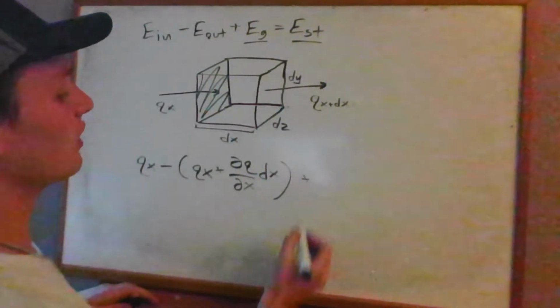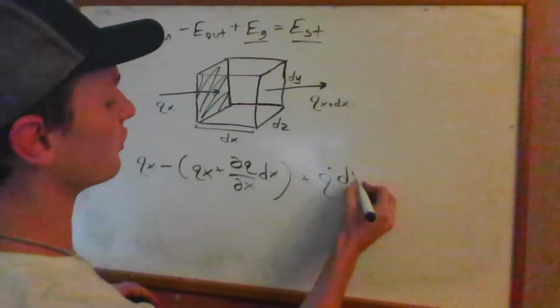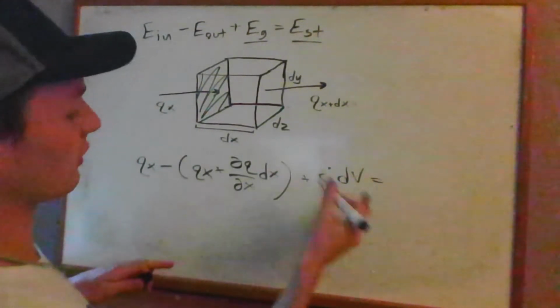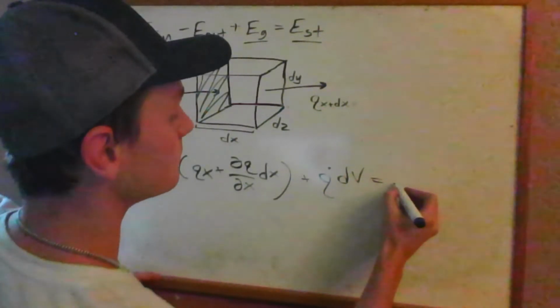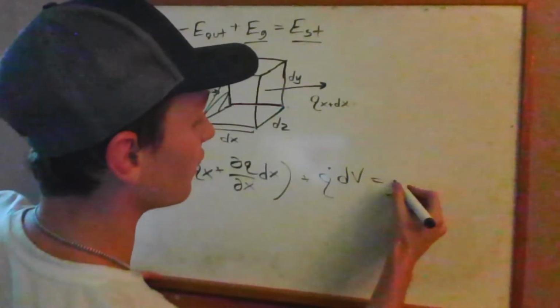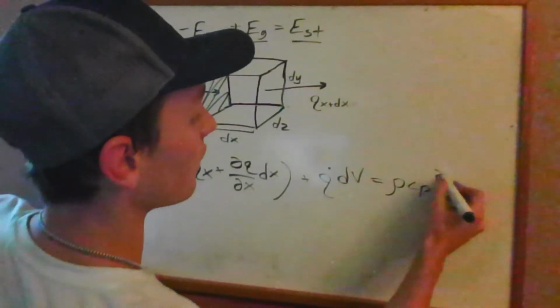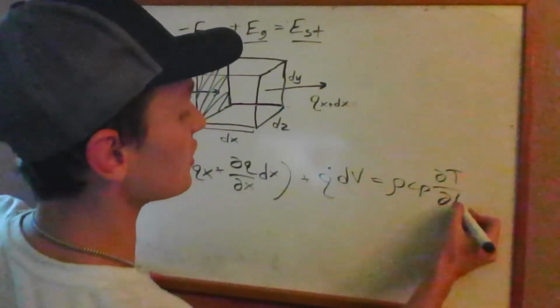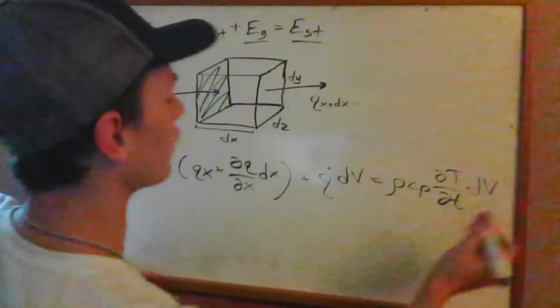Then we account for any heat that's generated. I'm going to use dV for now, just because I'm running out of room. And then we have to account for the energy that's stored, of course. So this has our density of the material, and then the change in temperature with respect to time, and then also the controlled volume.